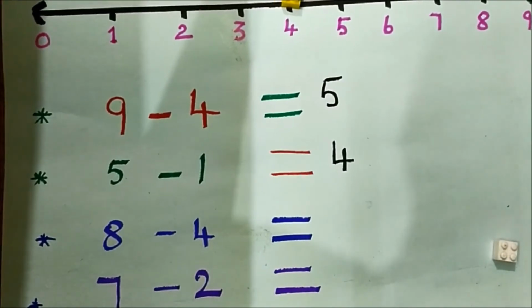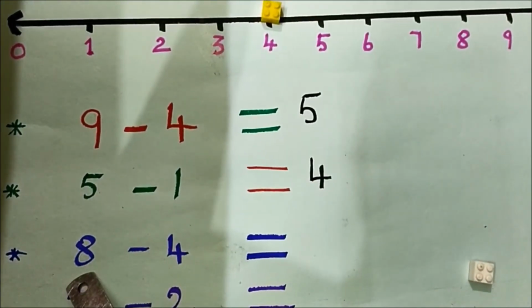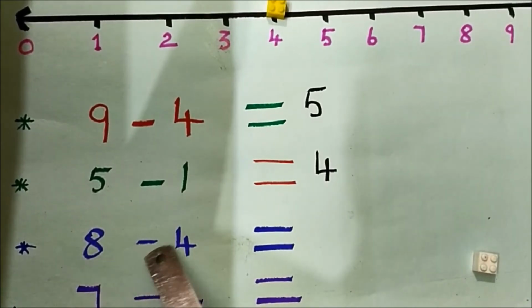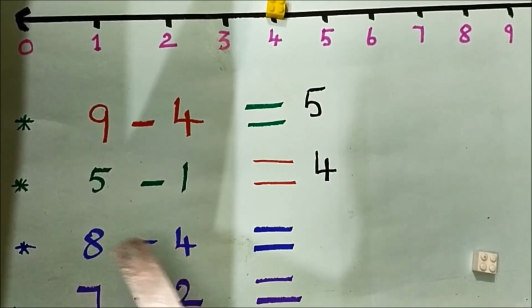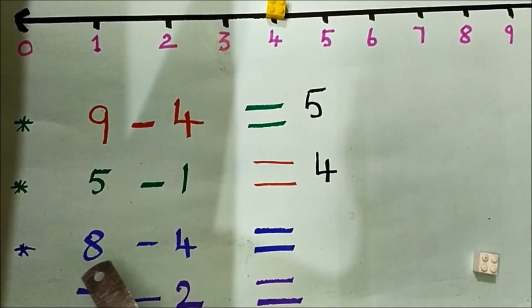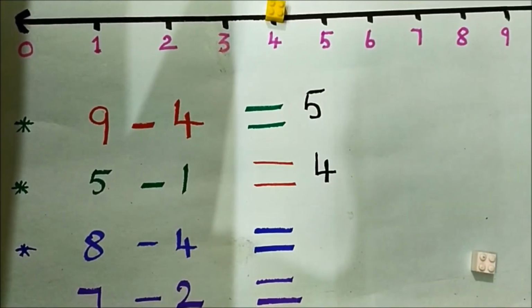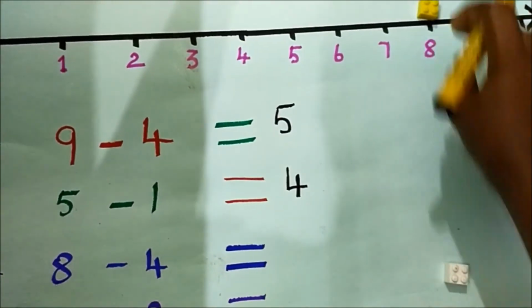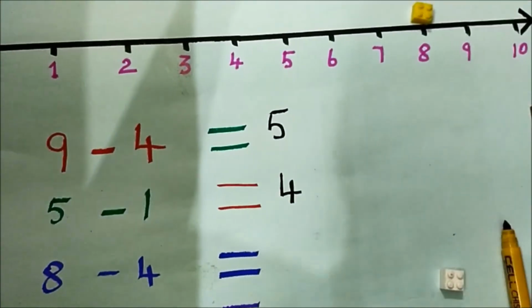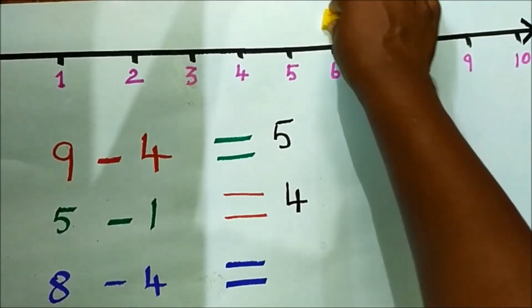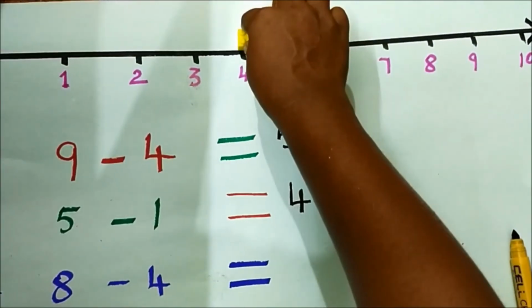Next, what is the next one? 8 minus 4. We have to subtract 4 from 8, that is, take 4 from 8. Where is the 8? Here is the 8. So we have to move 4 moves. 1, 2, 3, 4.